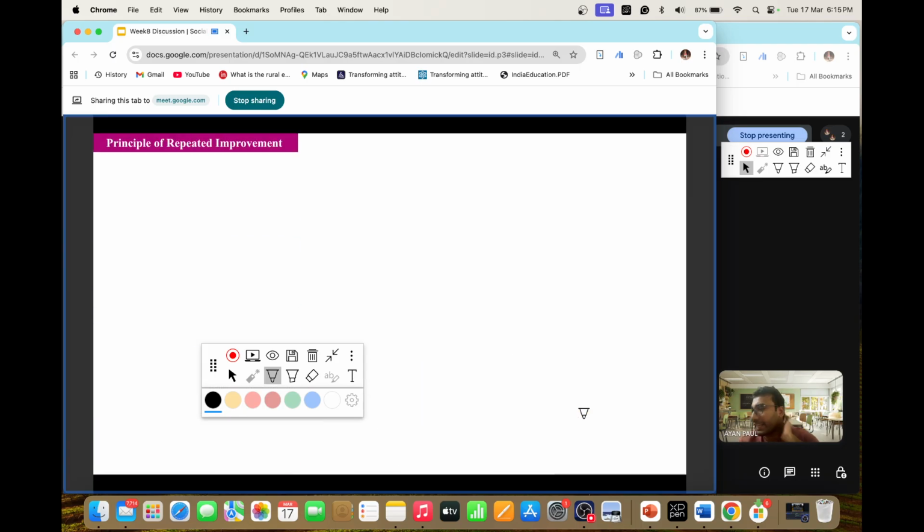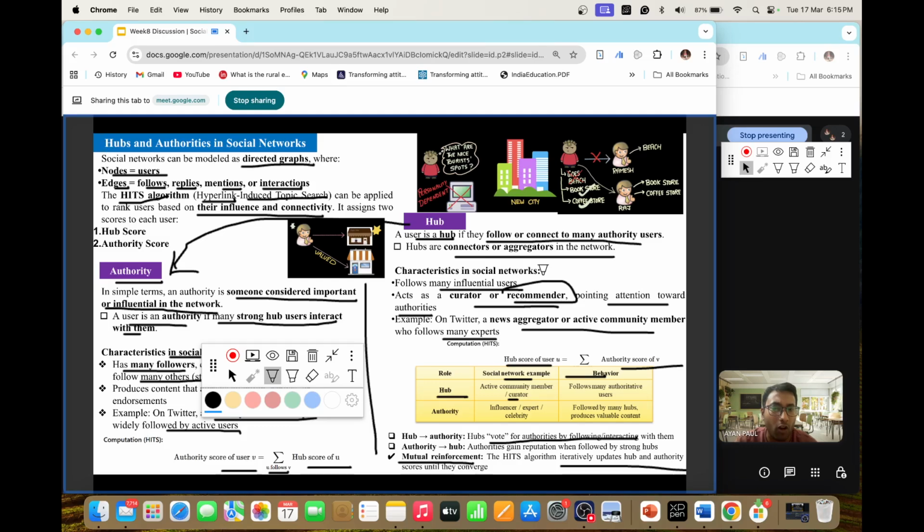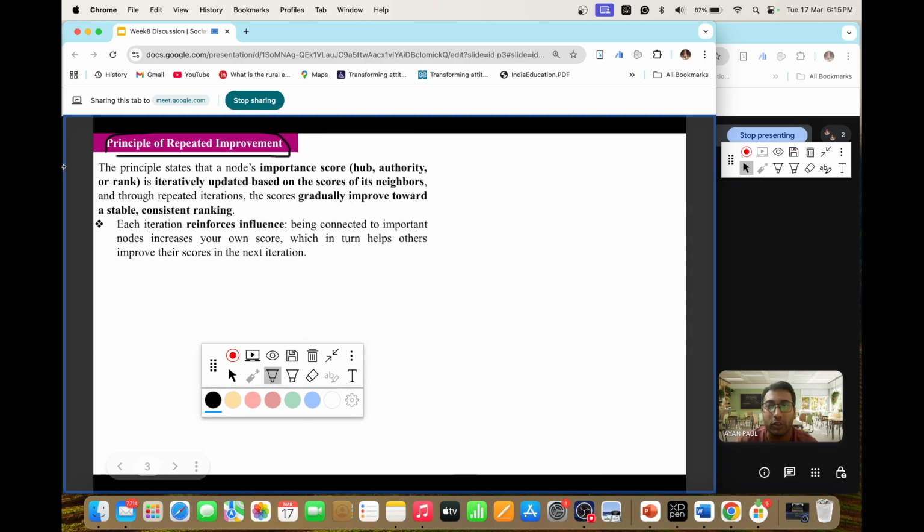Now taking our discussion forward, what is the principle of repeated improvement? In the last slide we discussed something about mutual reinforcement, and this mutual reinforcement is what we are going to discuss here.